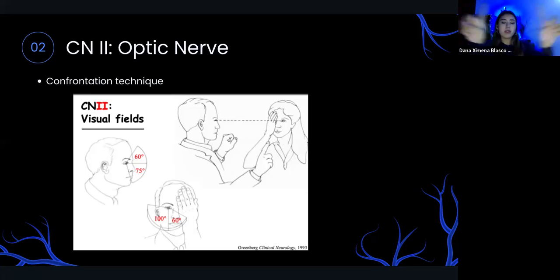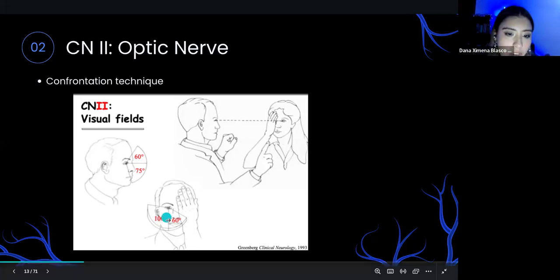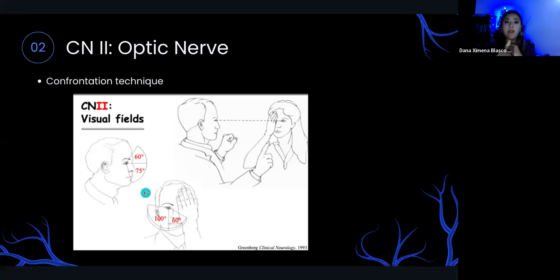So with this visual field, we're going to be examining the optic nerve. Maybe the patient has a lesion of some visual field. Normally, I can see my finger from up to here, over here, because I have this panoramic view. If you can see the angles, we can reach up to this angle, from up, down, and in a horizontal view.